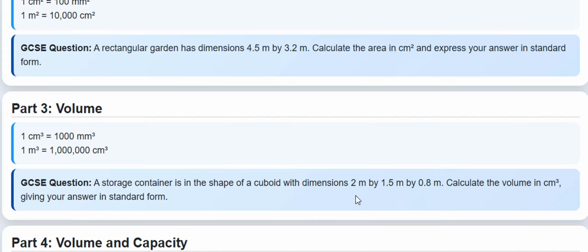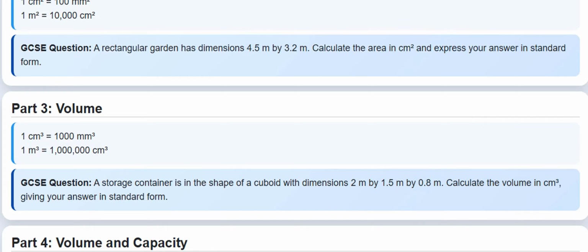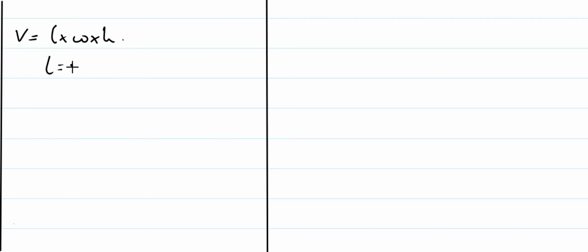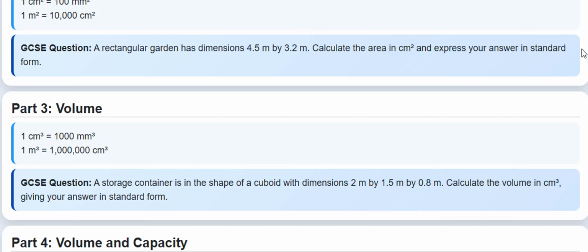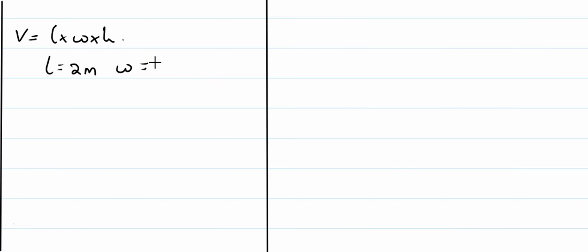But first of all, this cuboid has all the dimensions in meters. So that makes the question easy because we already know the volume V of a cuboid is given by length multiplied by width multiplied by height. And we already know the length is already in meters, which is 2 meters. Then the width is 1.5 meters.